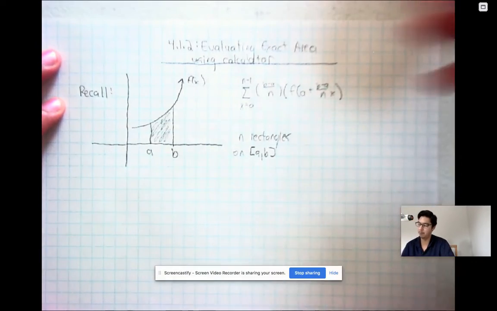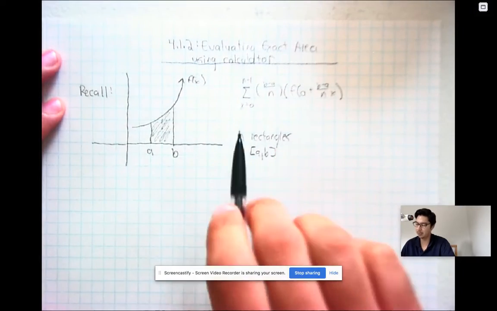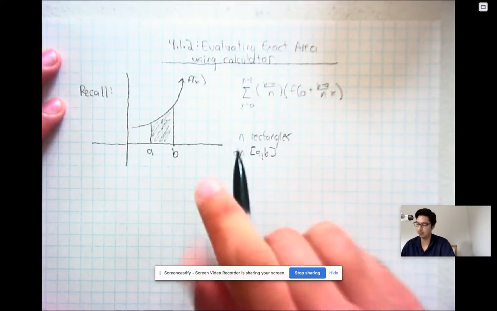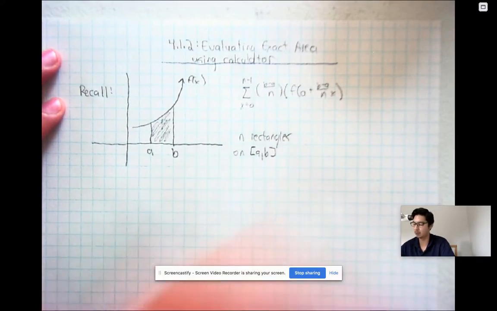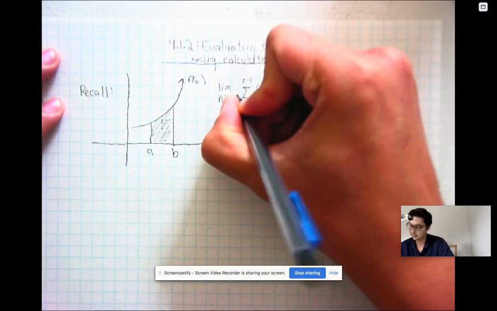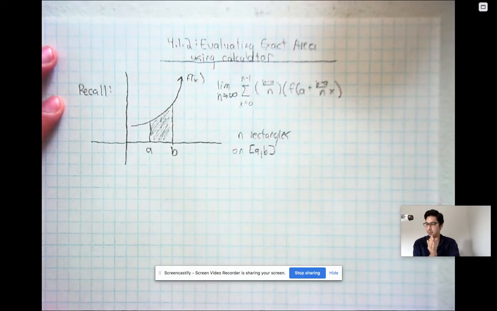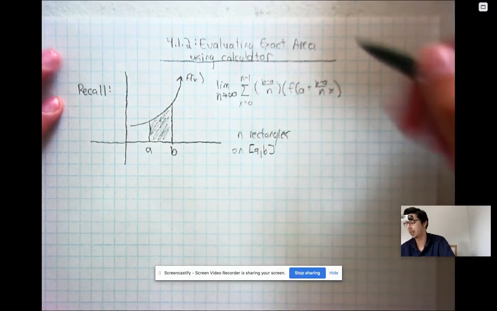What allows us to get the exact area isn't just the Riemann sum, but our knowledge of limits, to make the number of rectangles approach an infinite amount. When we approach an infinite amount of rectangles, the error is so marginal that we say it's the exact area.